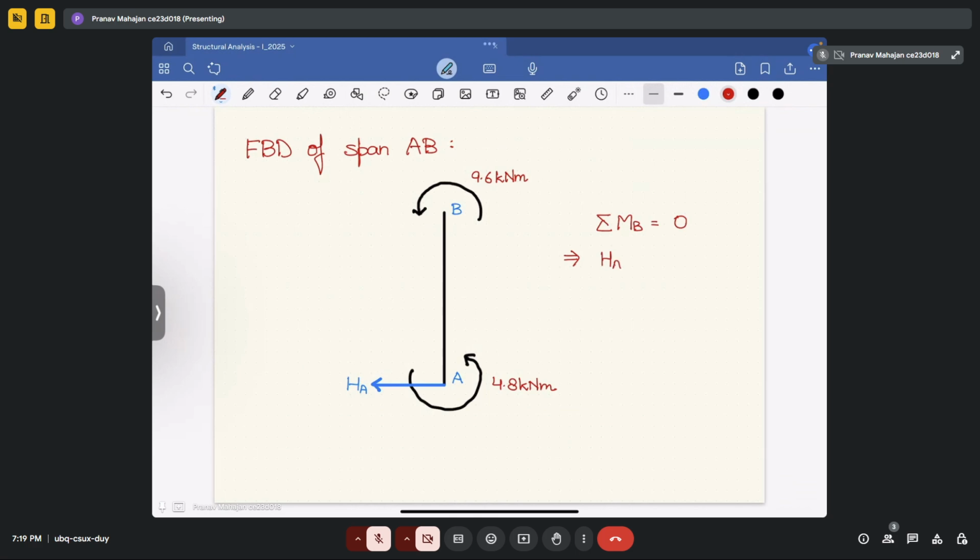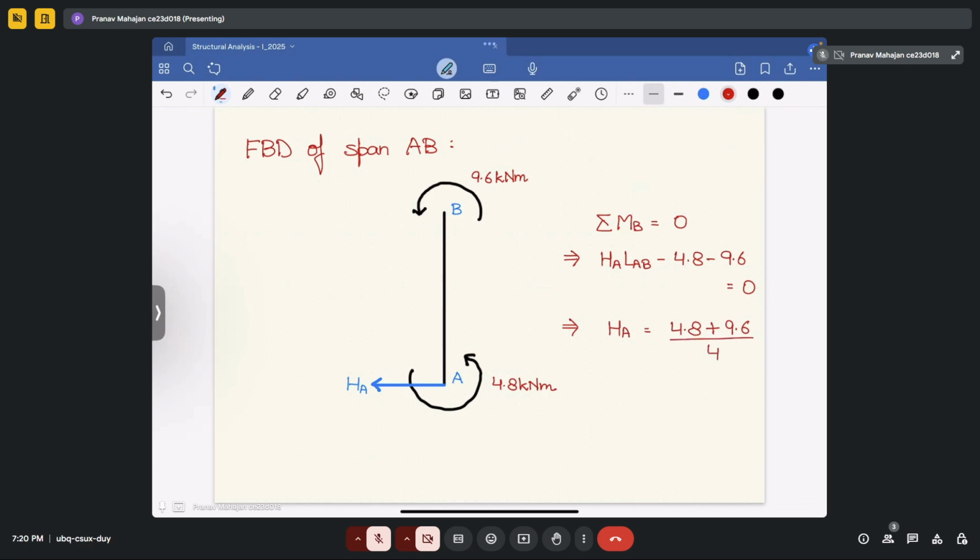HA into LAB, that is a clockwise moment. The rest are anti-clockwise moments, that is minus 4.8 minus 9.6 to be equal to 0. That means my HA will become equal to 4.8 plus 9.6 divided by, what is the value of L?